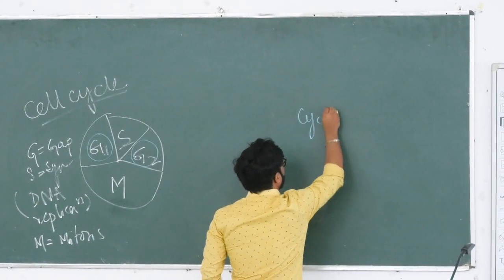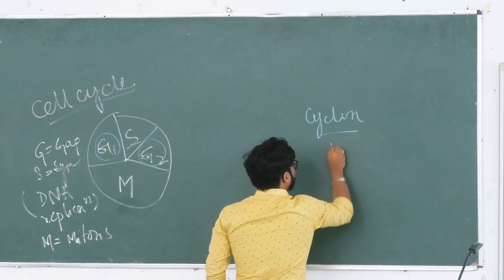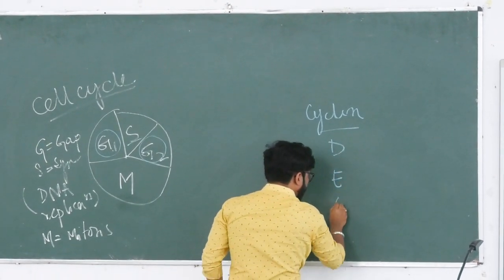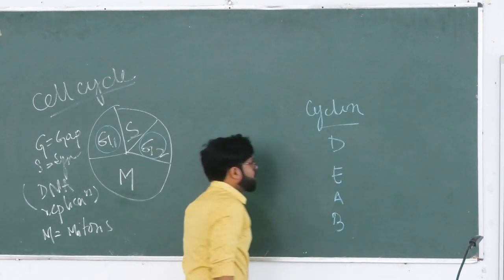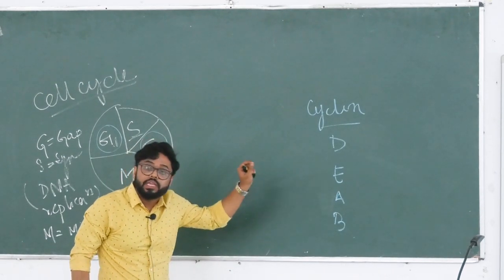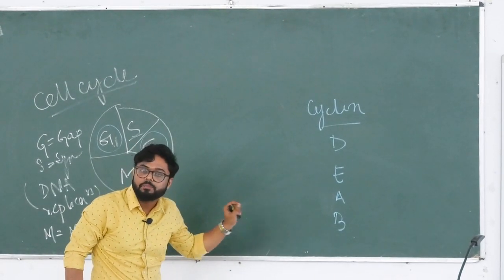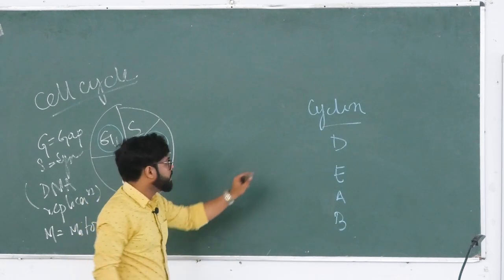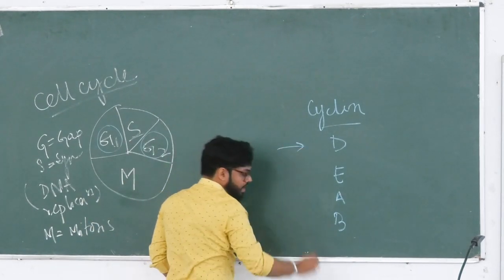Cyclin D, E, A, B. They are specific to each and every step of the cycle.